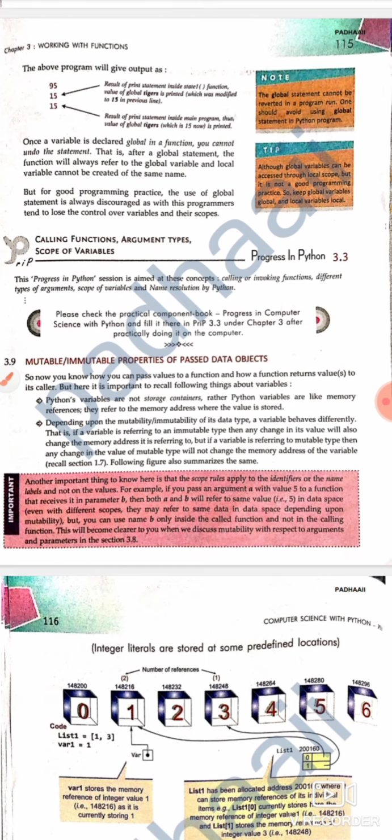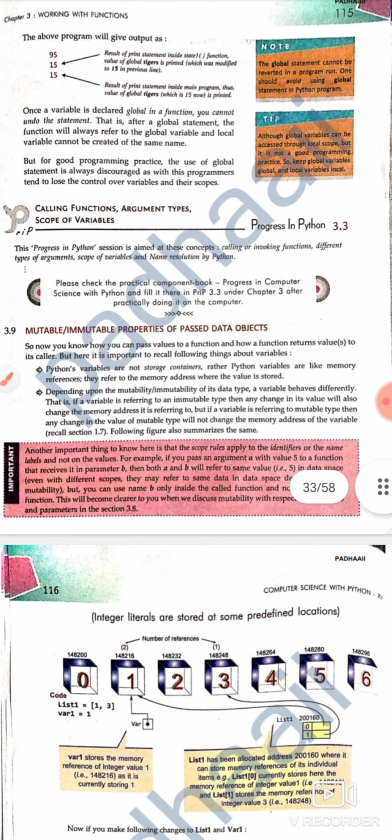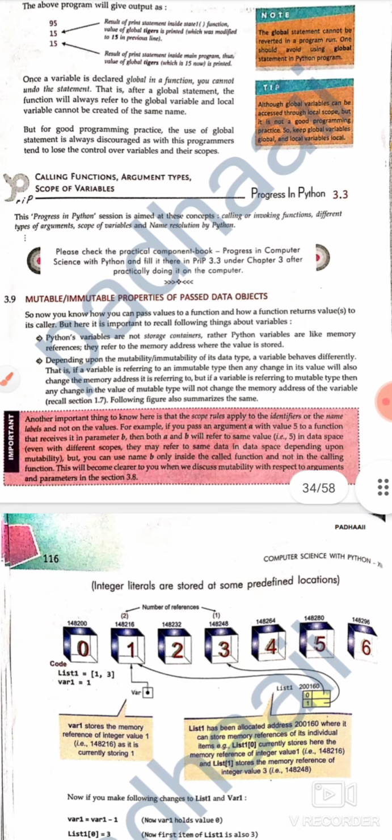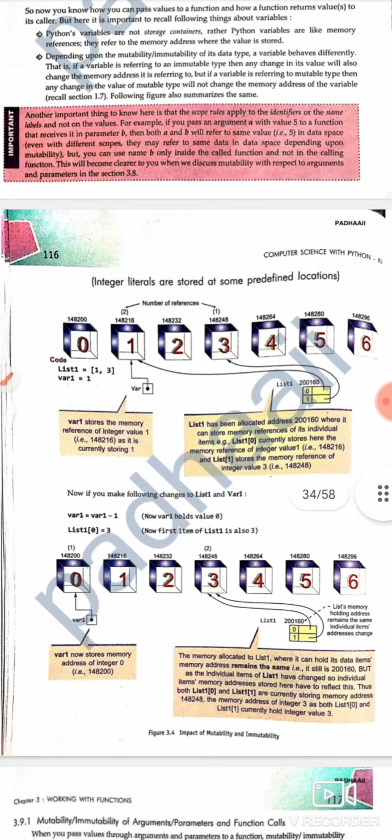Depending upon the mutability or immutability of its data type, a variable behaves differently. If a variable is referring to an immutable type, then any change in the variable will also change the memory address it is referring to. But if a variable is referring to a mutable type, then any change in the value will not change the memory address.